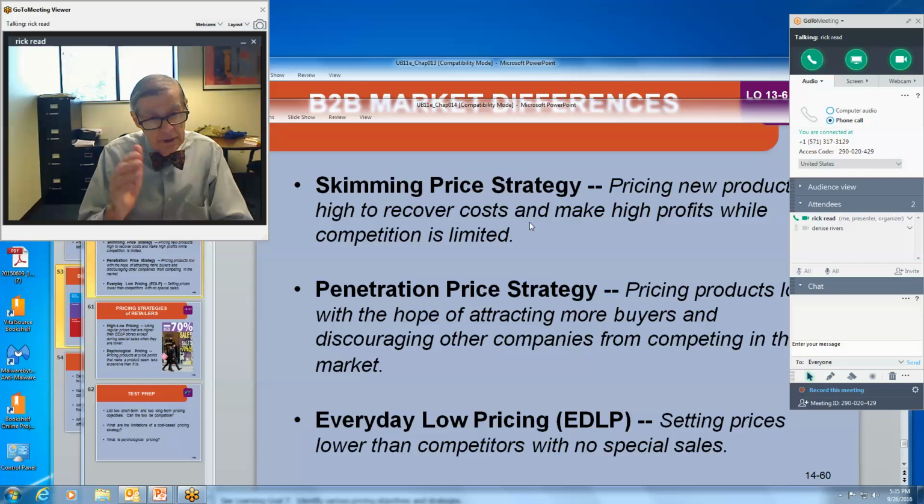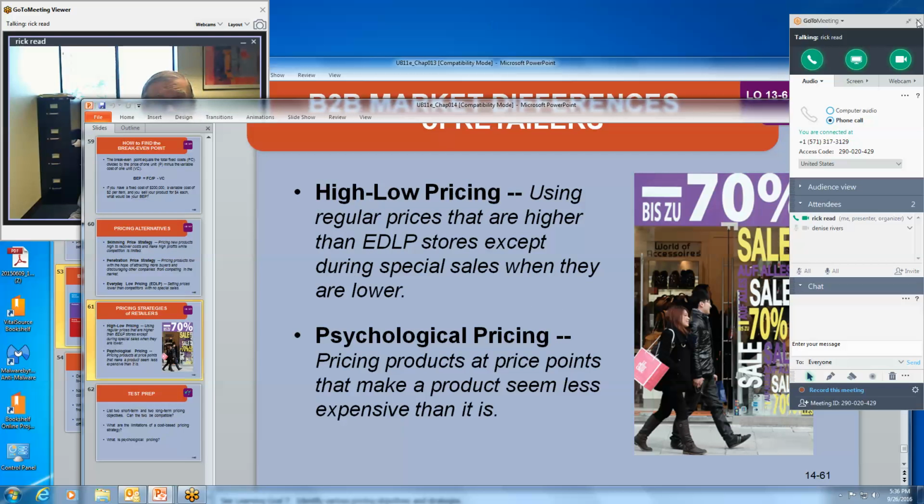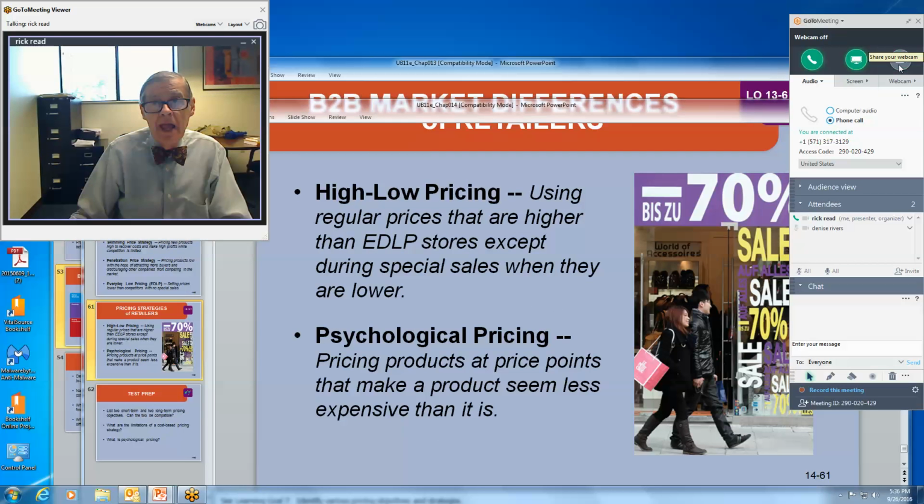And in everyday low prices, what some of our large retailers do, we set prices lower, or they say their prices are lower than their competitors, and there are no sales. Specifically, no special sales. Finally, you can have a high-low pricing.